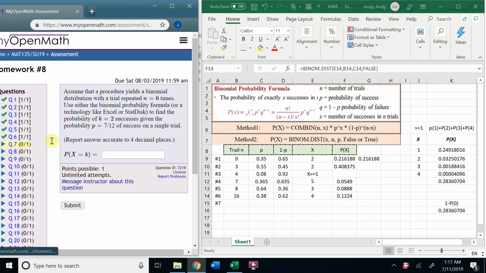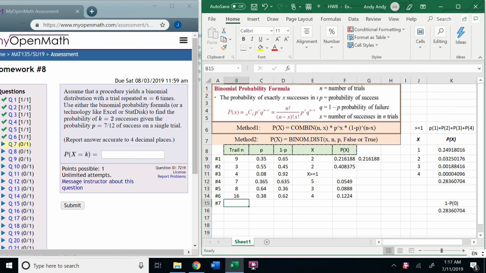The last question for this video. The procedure is a binomial distribution with a trial repeated n is 6. So n is 6. Find the probability, k is 2, so x is 2 here. Given the probability p is 7/12 is success, so it is 7/12.